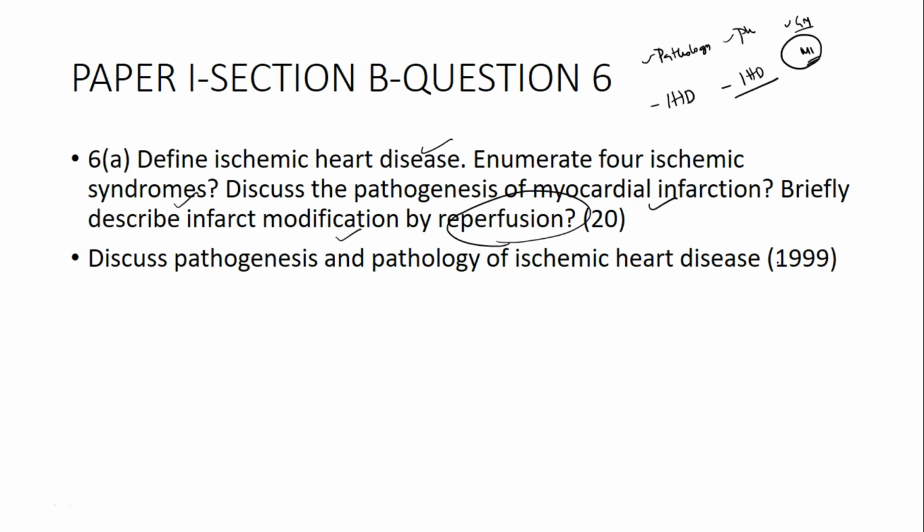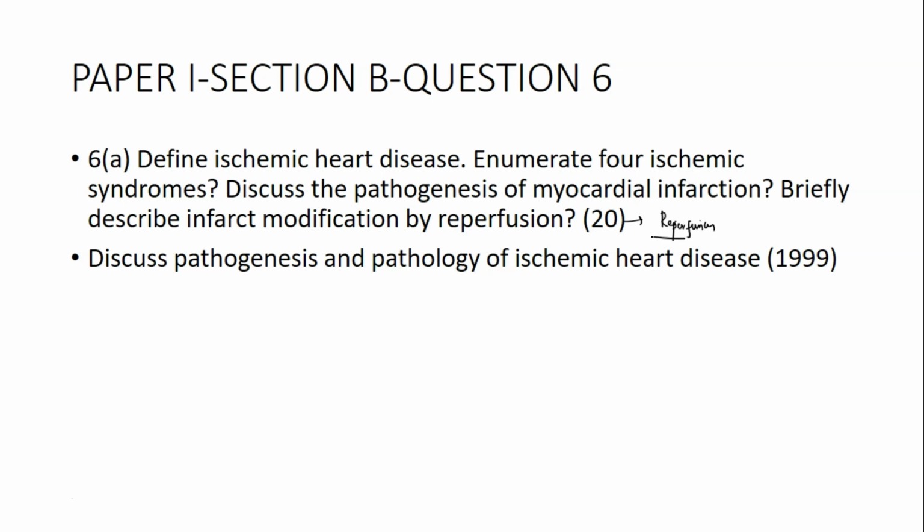Pathogenesis and pathology of ischemic heart disease was asked long back in 1999, and the question has come again. Here there's a little twist. There is another topic called reperfusion injury, because reperfusion therapy is the commonly done treatment, right? PCI stenting is the way we reperfuse, or we use thrombolytic therapy.